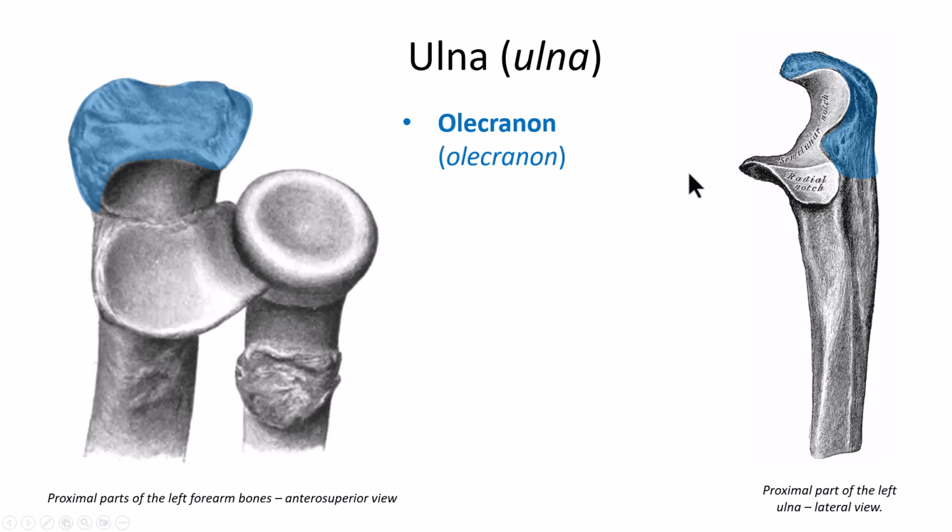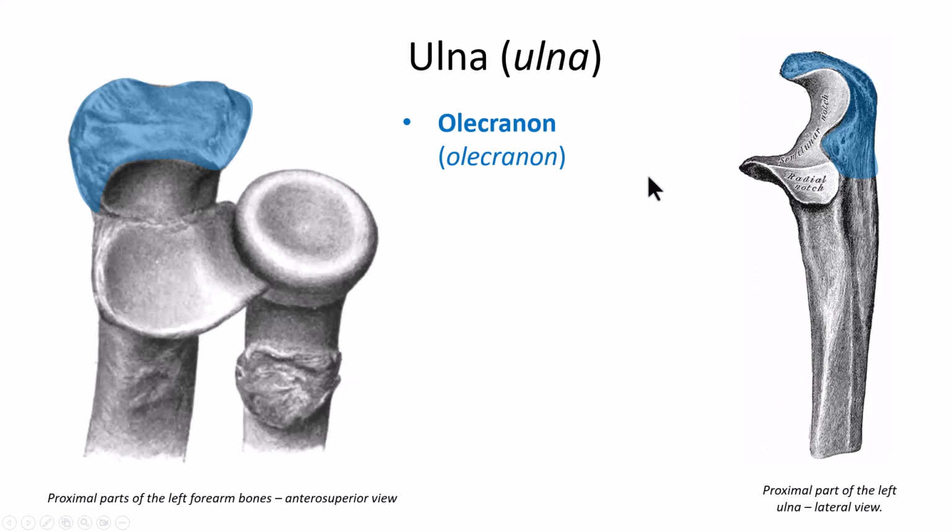This is the element that is easily palpable and is most commonly referred to as the elbow by lay persons. The name olecranon derives from Greek and literally means the tip or summit of the elbow, which indeed corresponds to its appearance, especially when we look at the illustration on the right, where the olecranon fits into the dedicated olecranon fossa on the humerus during full extension of the elbow joint.